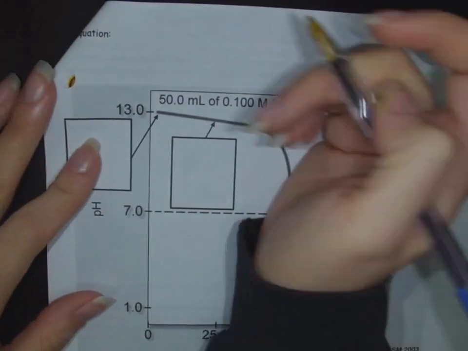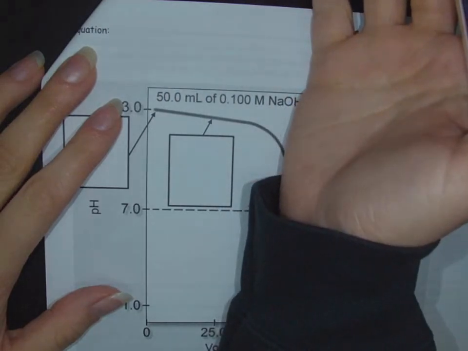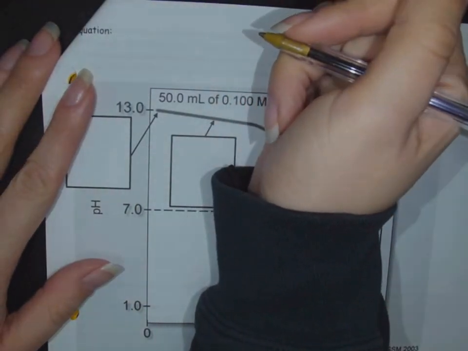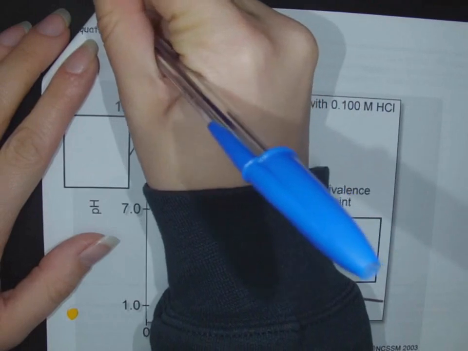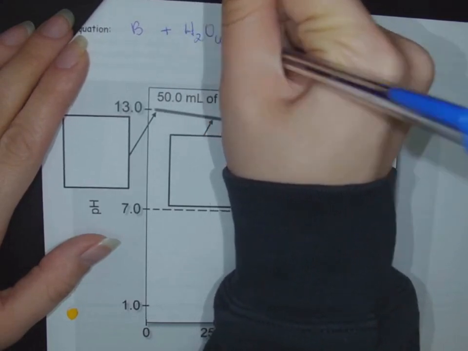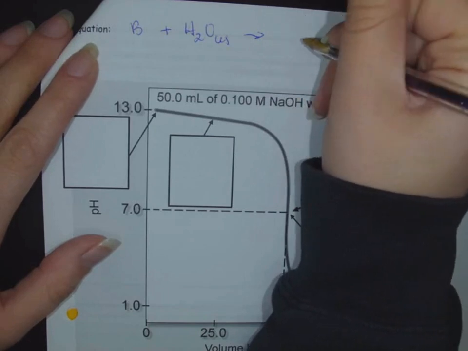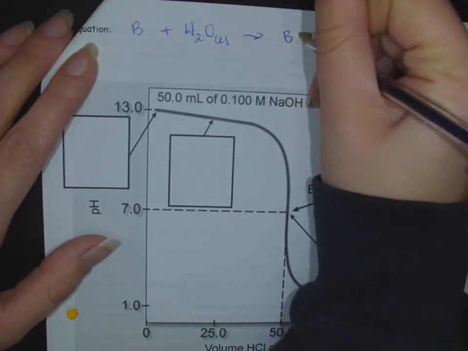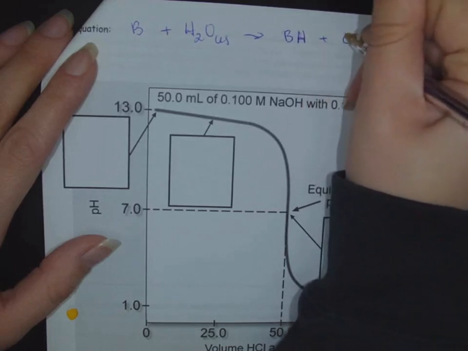With this base, we've seen this reaction before with water and a base, like when we're doing our weak bases, where we would take this weak base and it would react with water, liquid, and that would turn into BH, and it left hydroxide.